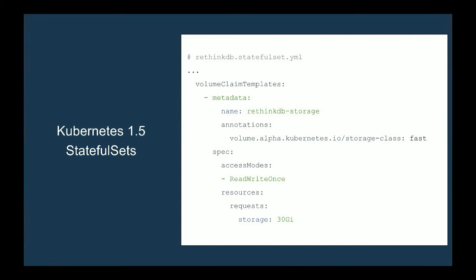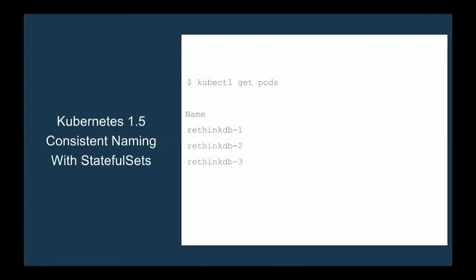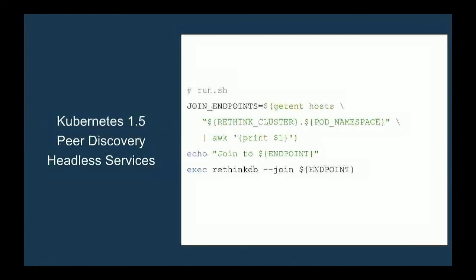And Kubernetes not only provides the storage that's needed for that application through dynamic provisioning, but more importantly, it provides a consistent naming scheme. And that's very important because when those nodes come up, they need to know how to join the rest of the cluster. So now with StatefulSets, we have the following.